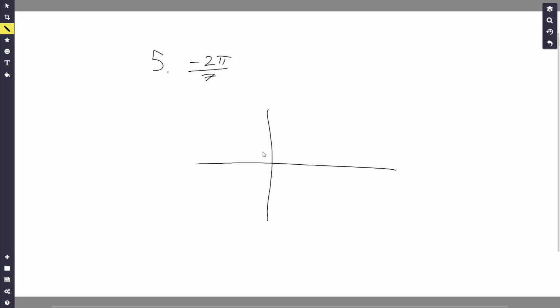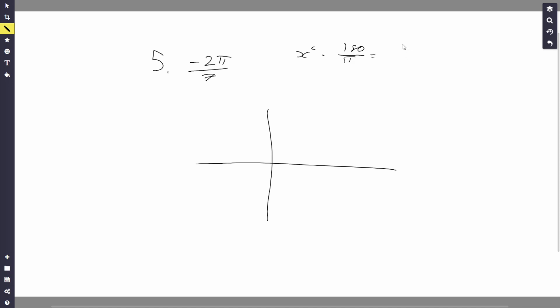Again, this isn't quite 180. And if it makes a little bit more sense to think of it in degrees, then we can convert it into degrees real quick. The formula for this is going to be x radians multiplied by 180 over pi.